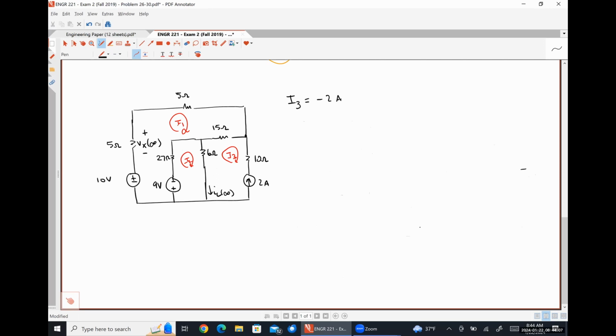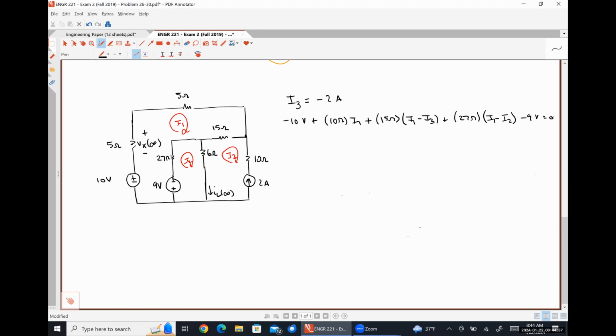So our KVL equation for mesh 1 is negative 10 volts plus 10 ohms times I1 plus 15 ohms times (I1 minus I3) plus 27 ohms times (I1 minus I2) minus 9 volts is equal to 0.